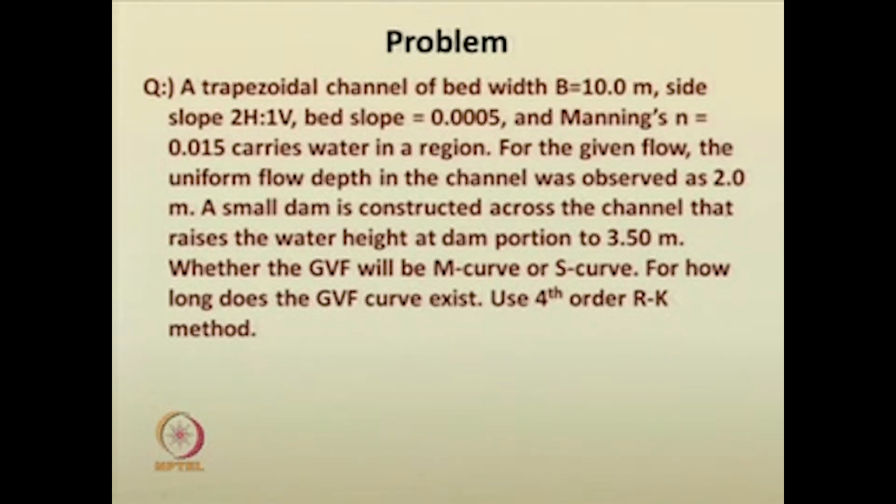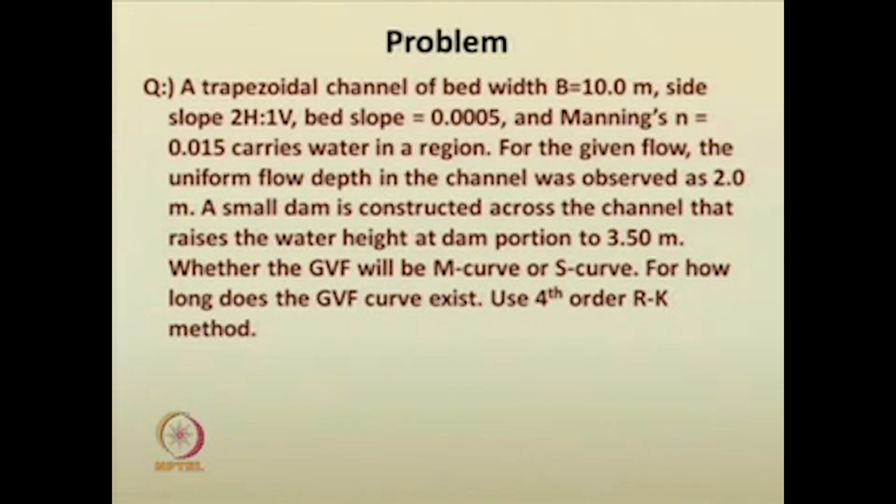By this time, you know what is meant by M curve or S curve in the gradually varied flow curves. So, for how long does this gradually varied flow curve exist? Use the fourth order Runge-Kutta method. So, you just describe the problem.